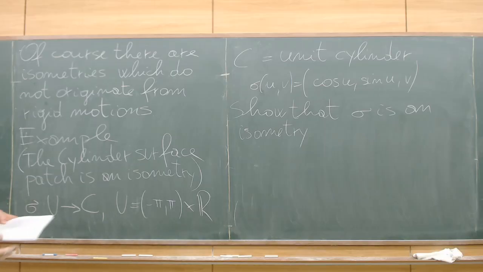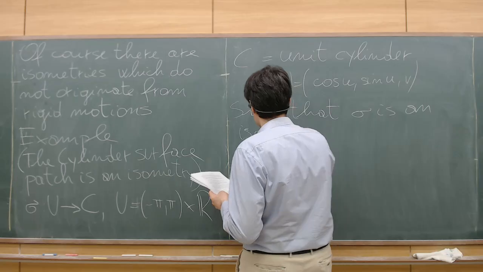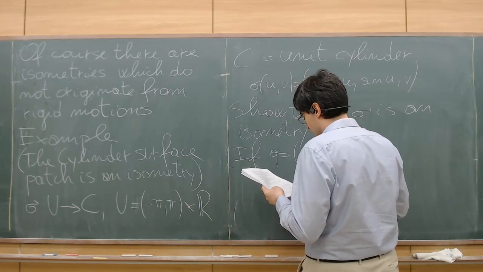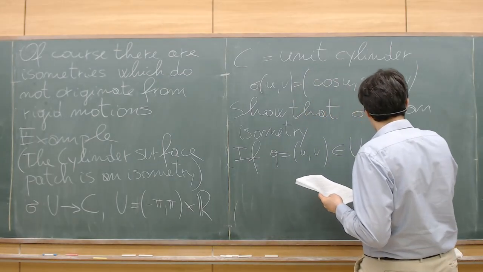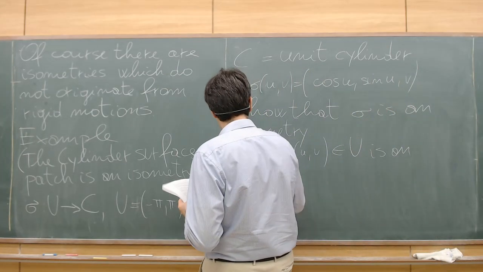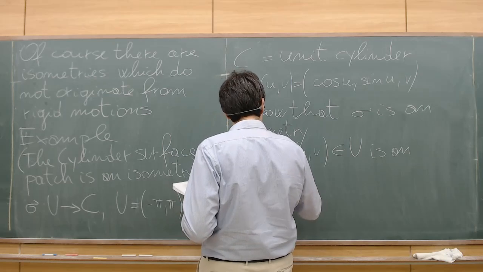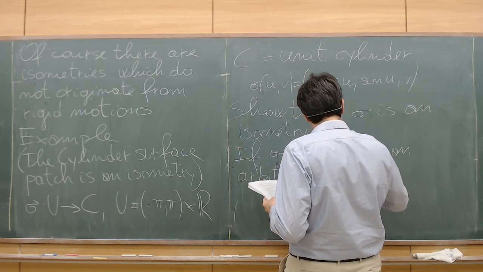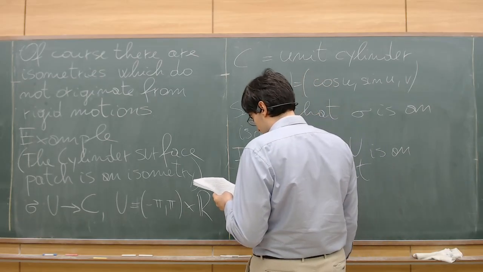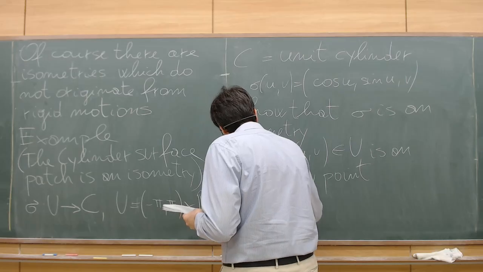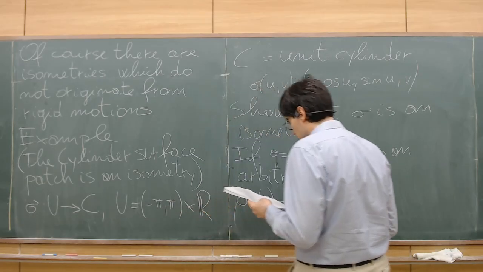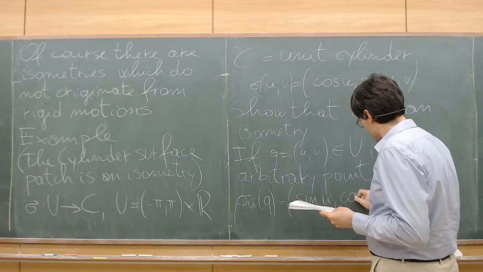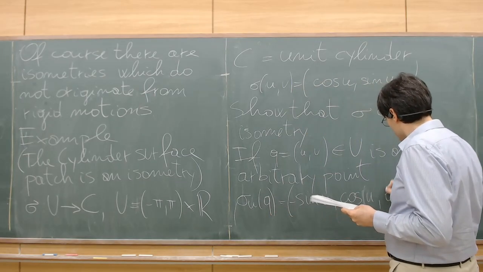In order to do this, we observe that if q = (u,v) is an arbitrary point, then sigma_u at q is equal to (−sin u, cos u, 0).